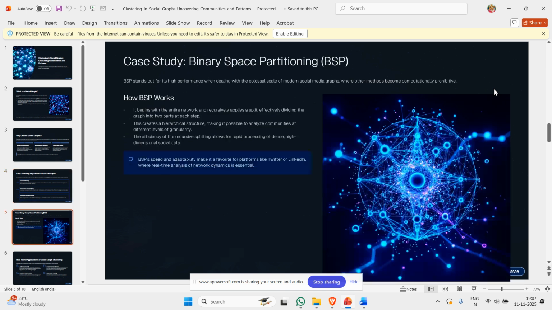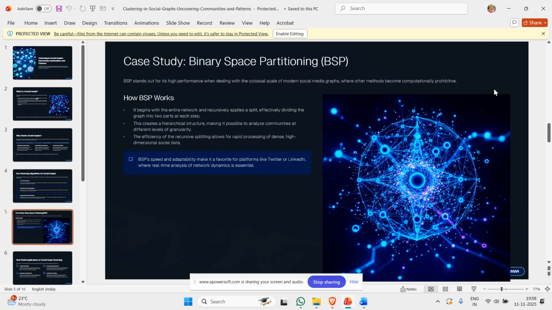Case studies. Binary space partitioning (BSP). BSP stands out for its high performance when dealing with the colossal scale of modern social media graphs, where other methods become computationally prohibitive.